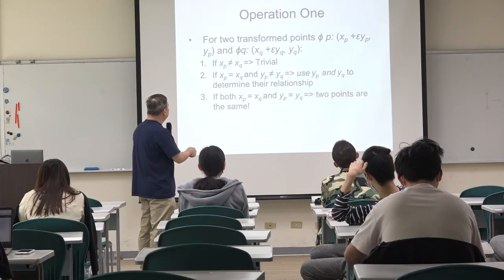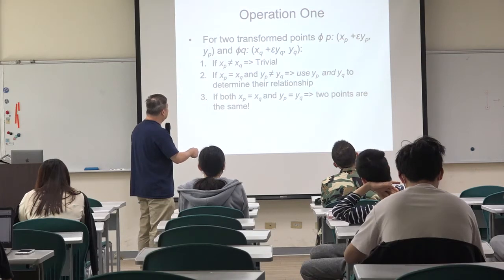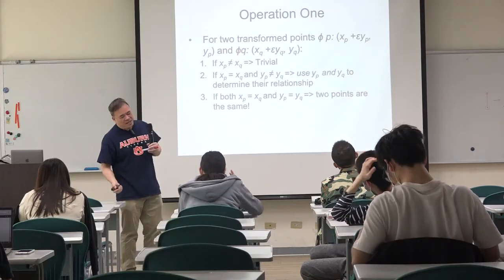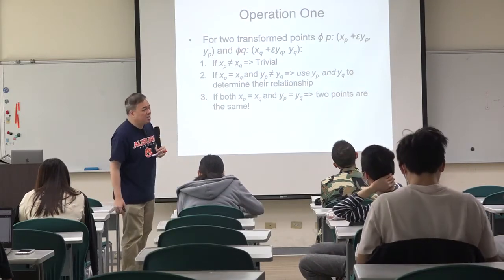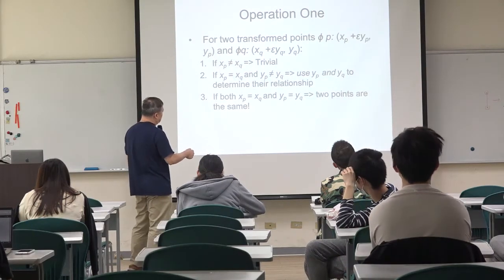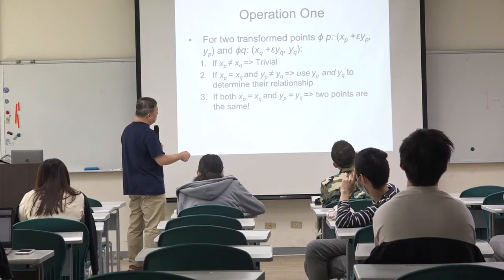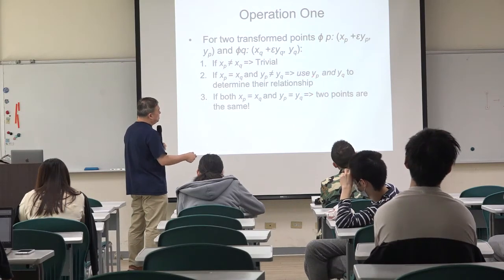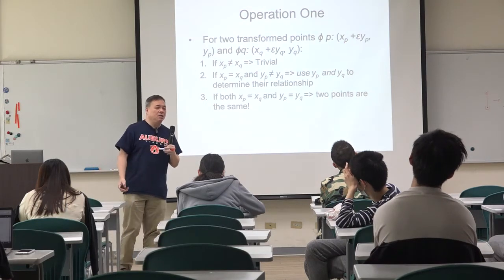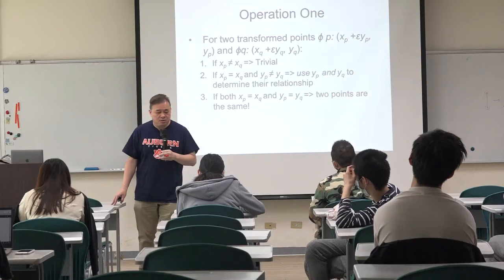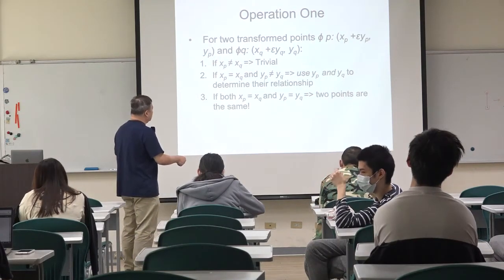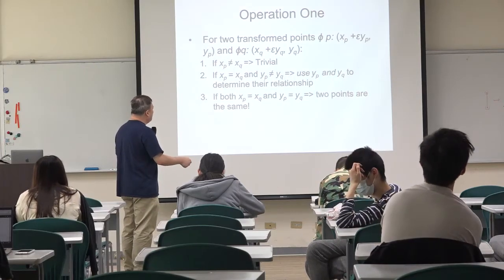If xp is different from xq, then we just use the value of x to determine the left-right relation. If xp is the same as xq, and yp and yq are different, then we just use yp and yq to determine their relationship, as I said earlier. You don't need the value of epsilon. And if xp, xq are the same and yp, yq are the same, then these two points are the same.